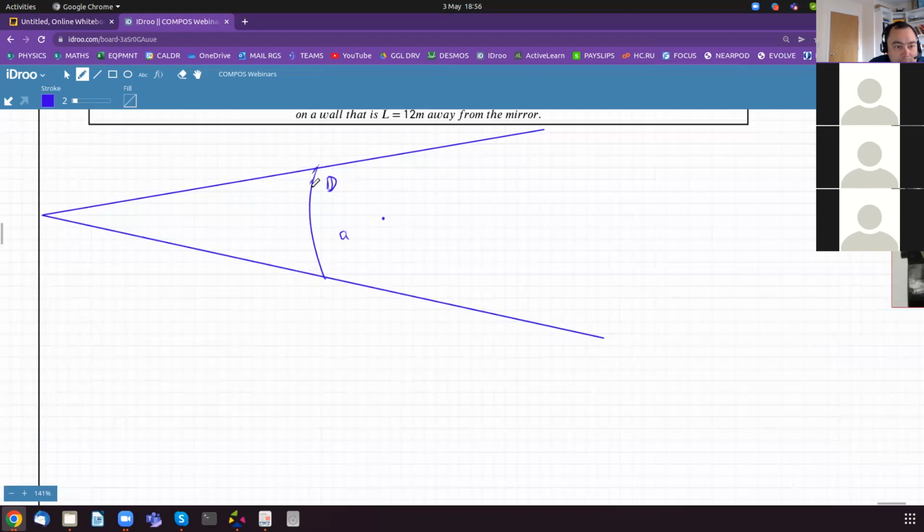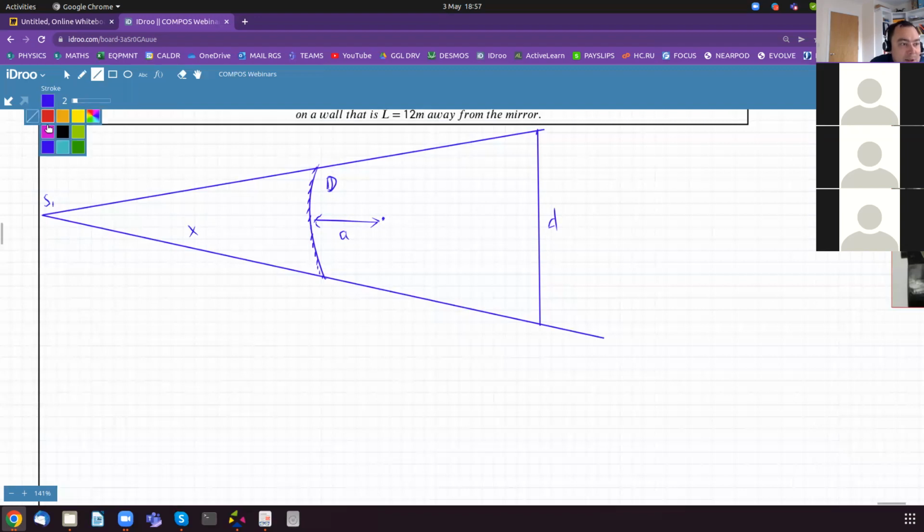So this is the surface of the mirror. And we see the screen. The screen is here. The diameter of the spot on the screen is D. And this is A, the distance A, and the position of the image is S1. Let's call this distance X.